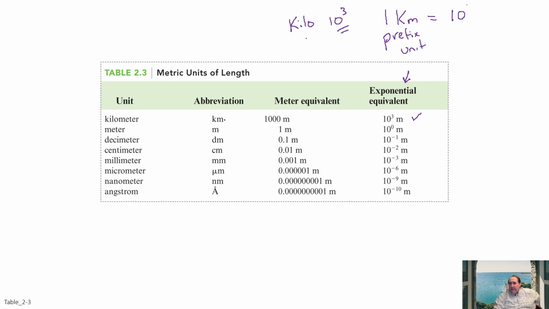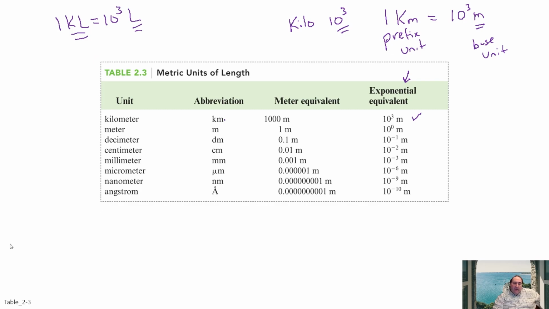So there would be 10 to the 3 meters, and meters here is the base unit. And by the way, this conversion works the same regardless of what the base unit is. For example, if I had 1 kiloliter, that would equal 10 to the 3 liters. Again, in one of the prefix units, that is how much there is in one of the base unit.